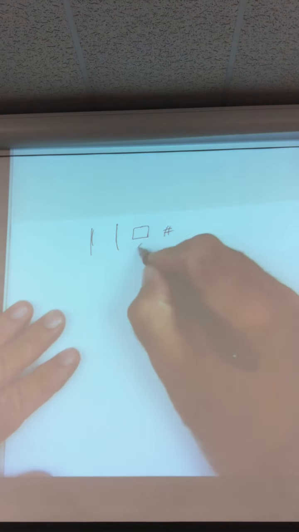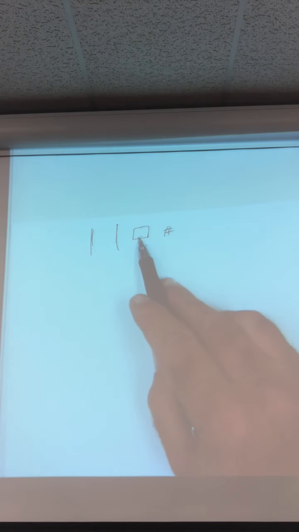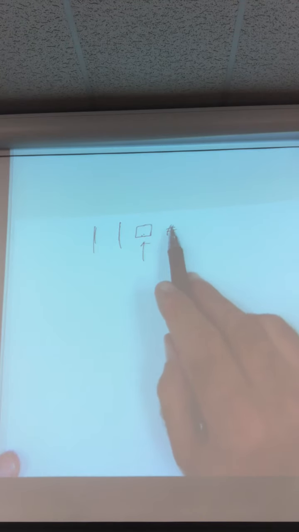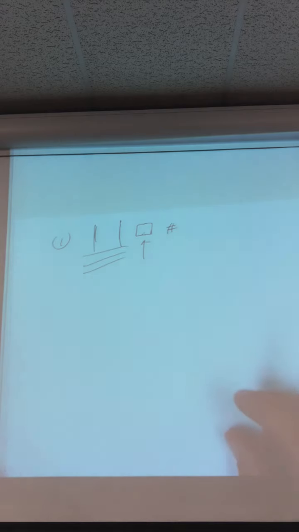So in other words, when you finish step 1, you're going to have your absolute value symbol over here. You're going to have your equal sign, or your less than, or greater than, or less than or equal to, or greater than or equal to. Then you're going to have a number over here. That's what step 1 says. Get the absolute value by itself.